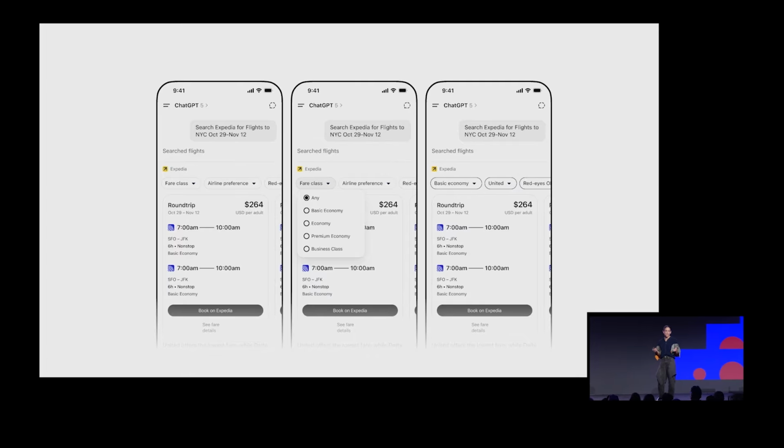Filtering should be conversational, right? But flight options are really complicated, and sometimes you don't exactly know what you want. And conversation is not always the best interaction material to use. Sometimes old school filters, old school metaphors with dynamic content are really the best. Remember, it's really about just matching a metaphor to a human need.